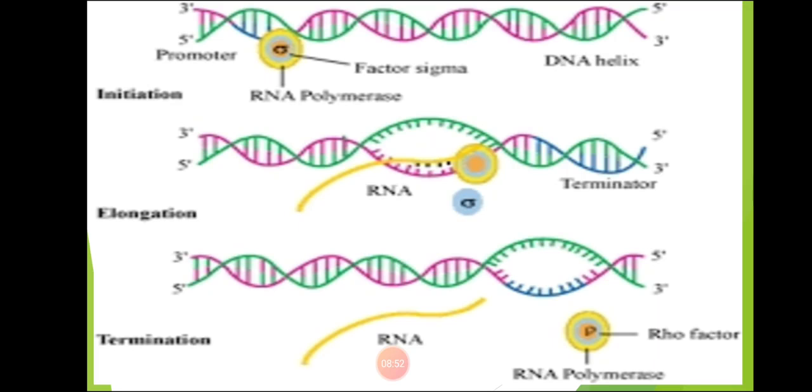Then the last step is termination. When the RNA polymerase enzyme reaches the terminator signal, both the enzyme, RNA polymerase, and the newly constructed RNA are released; both fall off.